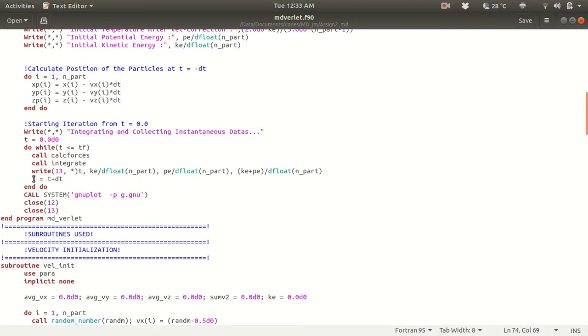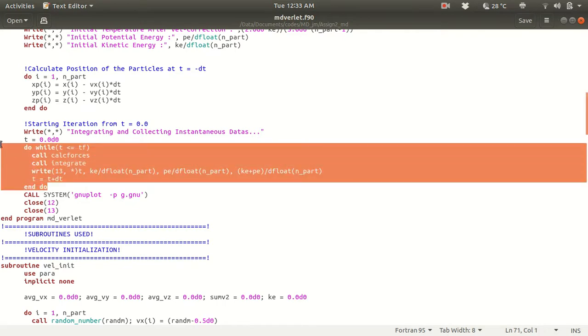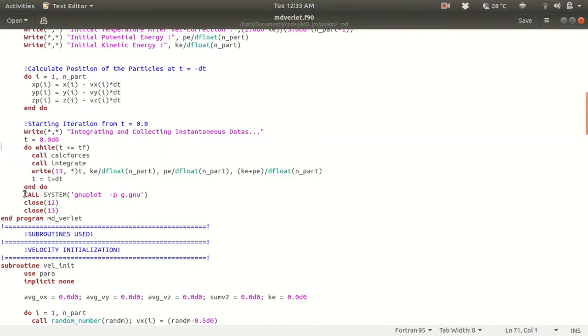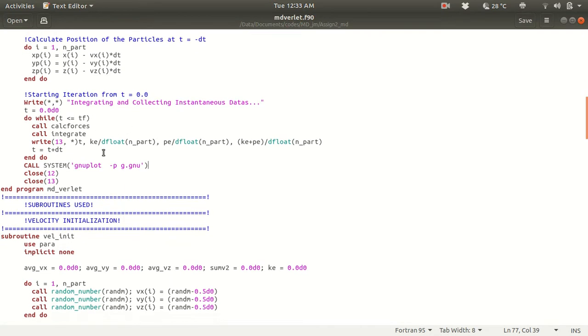And I am just increasing t by dt, and then ending this do loop. Then this call system is basically to plot with GNU plot the file data.dat. Immediately when the program ends, it will show you the plots.